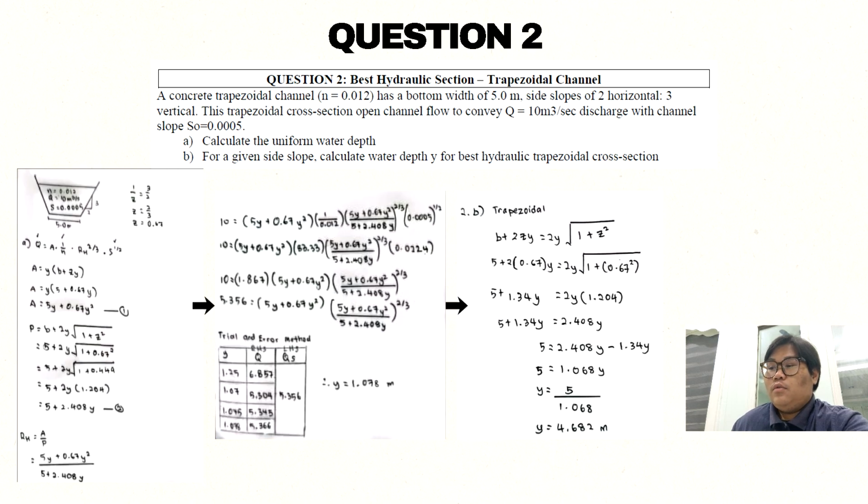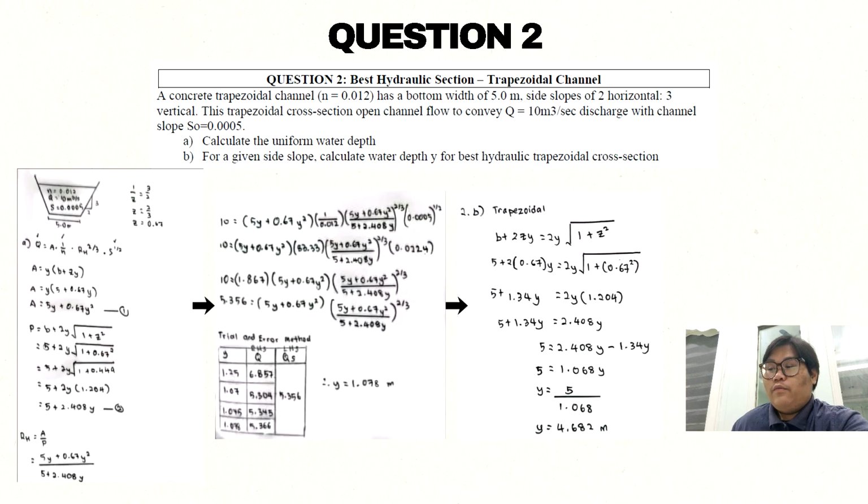After that, we solve the square root, and it will become 5 plus 2y times 1.204. And then the 2y, we multiply inside the bracket, so you will get 5 plus 2.408y. So that will be your second equation.